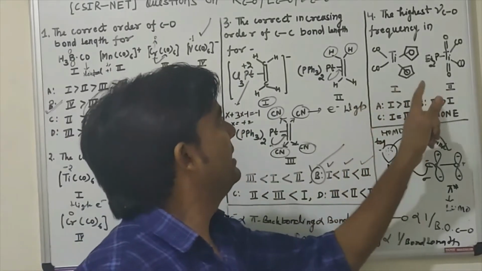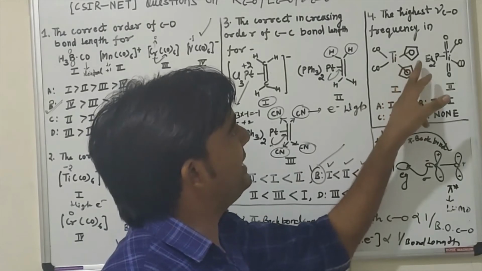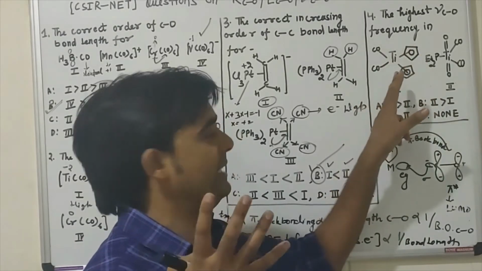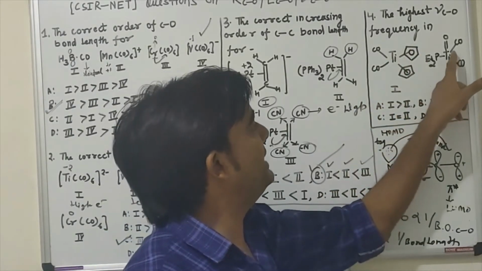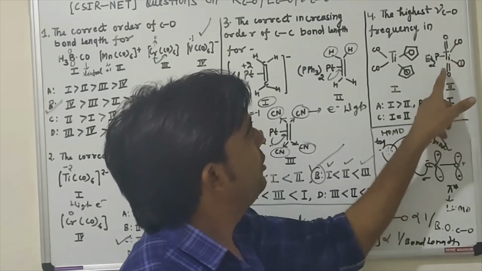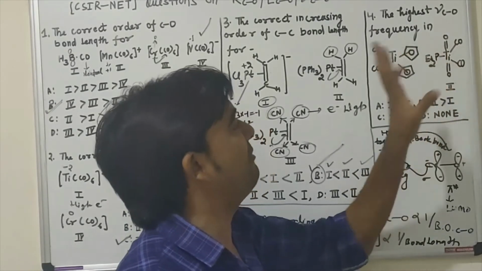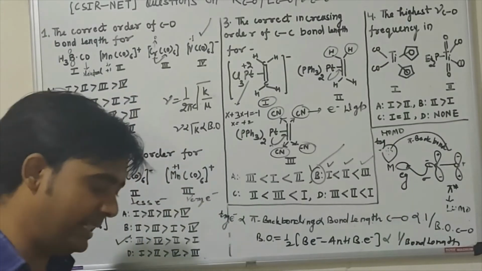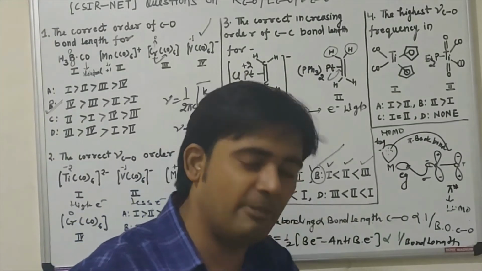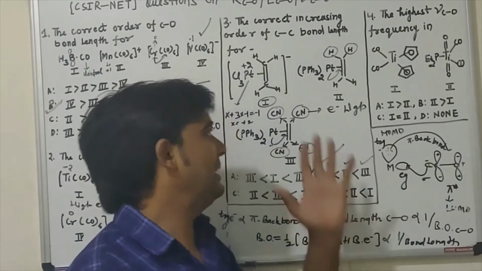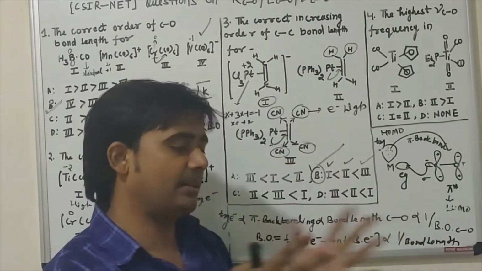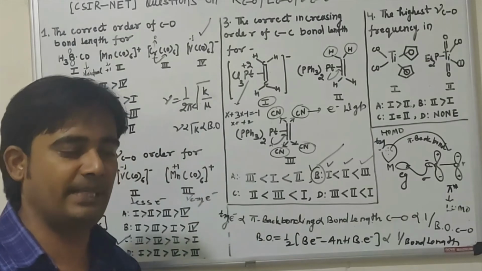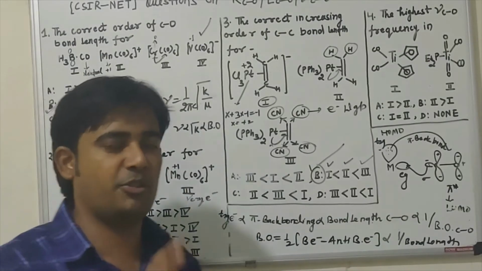If you can see, here is titanium surrounded by 4 ligands, and here is titanium surrounded by 1, 2, 3, 4, 5 ligands. So both systems are very different. How can we give any comment? If there is a comparison, the structures should be almost similar.